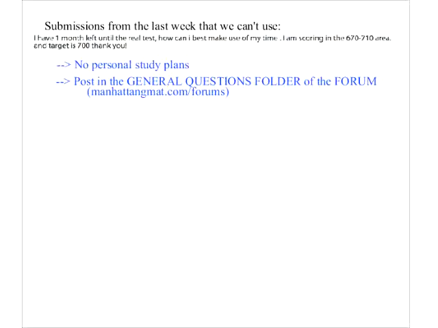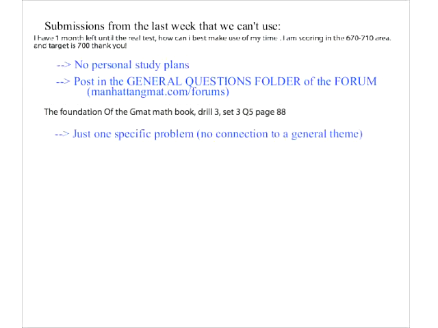Here is another one that we can't really use. This is something you should put on the forum as well. Someone wrote this, and there's two things wrong here. The first thing is that this is just one specific question, with no connection to a general theme.